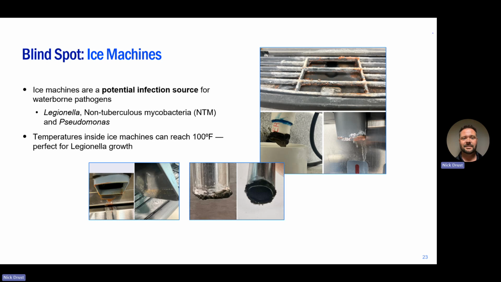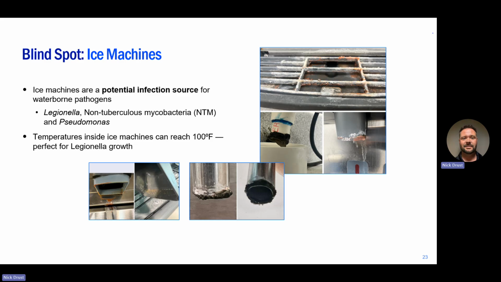In some locations inside the machine, temps can reach 100 degrees, which is within the growth range for organisms like Legionella, Pseudomonas, and NTM. If you look closely at these photos, what you're seeing is not simply dirt. You're seeing scale, biofilm, moisture retention, areas that can support microbial growth.